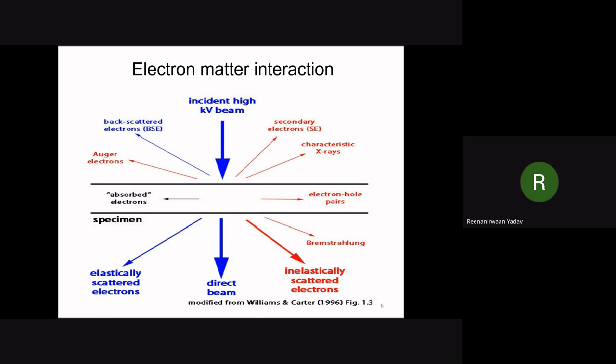They also release X-rays, which we generally use for elemental detection, and Auger electrons and other things. In transmission electron microscopy, elastically scattered electrons and the direct beam are of major interest.